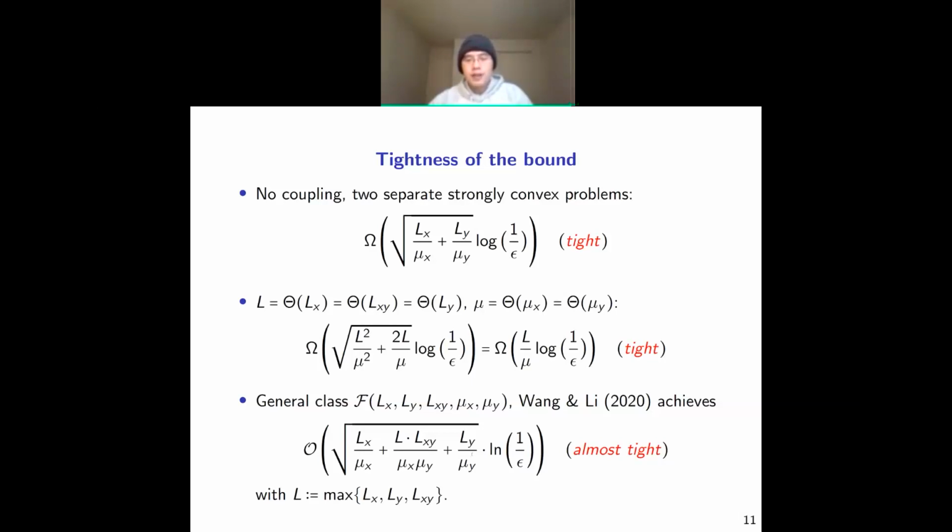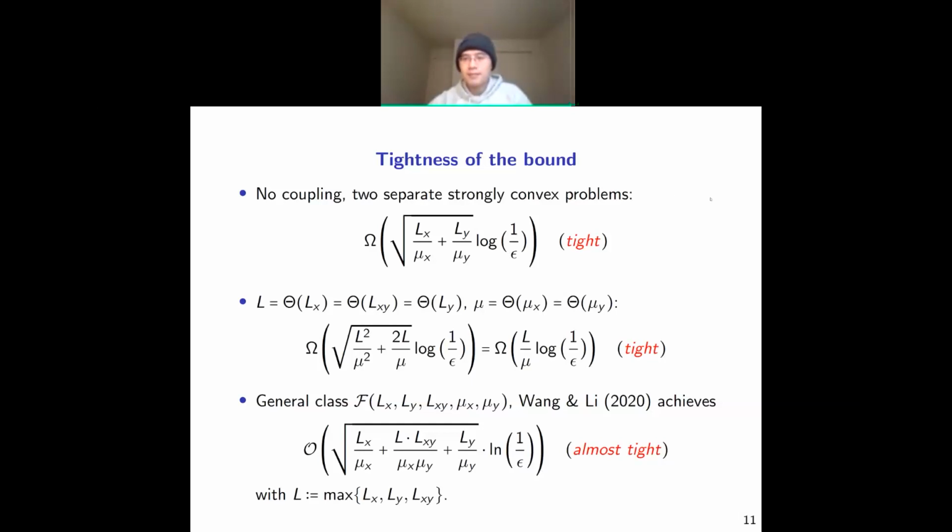So we can say it is almost tight, but there is still a small gap. This is still an open question about the tightness of our lower bound. So this is one special problem class and algorithm class. At this point, are there any questions?